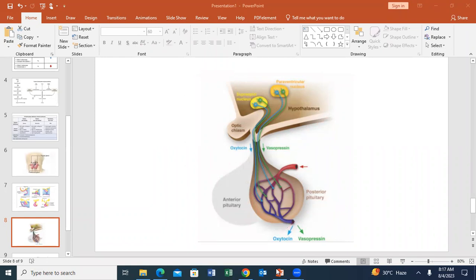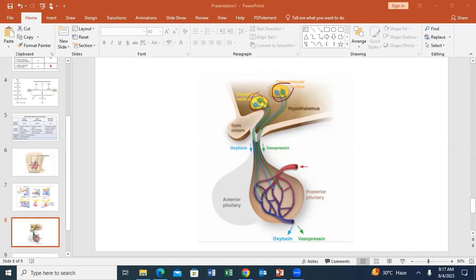But both of these hormones are just stored and secreted in posterior pituitary. These hormones are produced in the hypothalamus. So in the hypothalamus, we have paraventricular nucleus, which mainly forms the oxytocin, and we have the supraoptic nucleus, which mainly forms the vasopressin. So you can see that the cell bodies are in the hypothalamus.